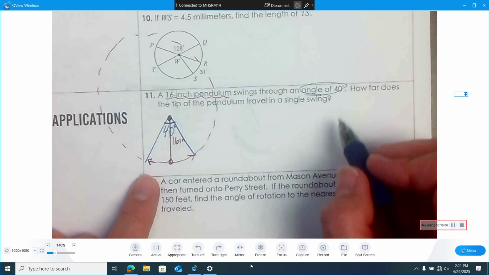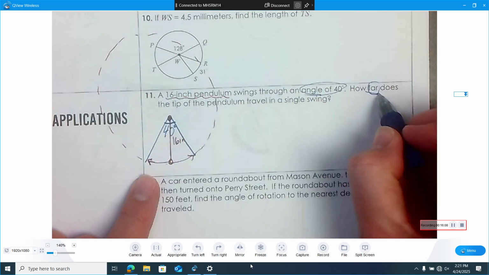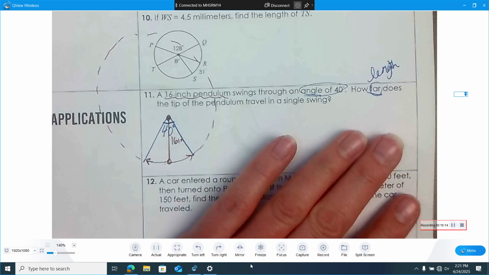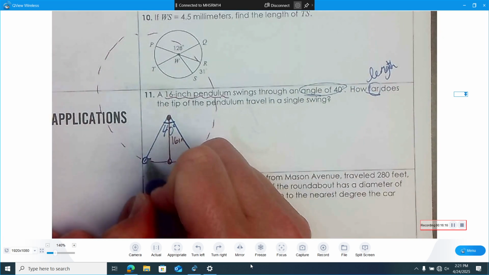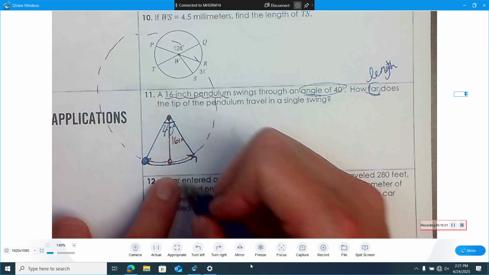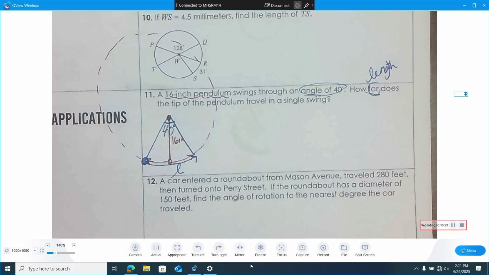And we want to know how far the tip of the pendulum travels. So we want to know the length, the length that pendulum, imagine it starts right here and just moves to the end of its swing. That's the length we're looking to find.